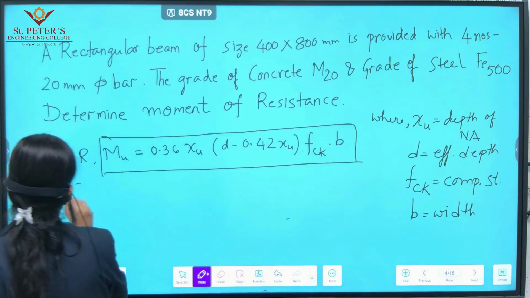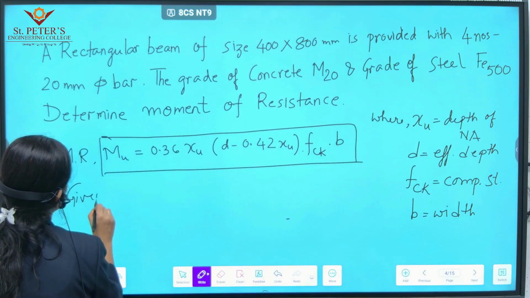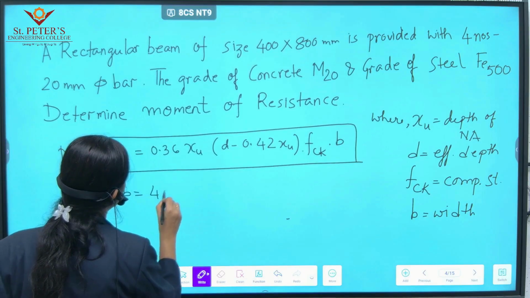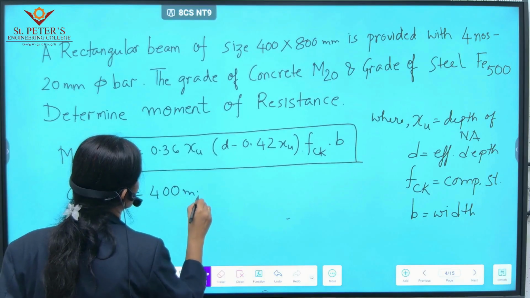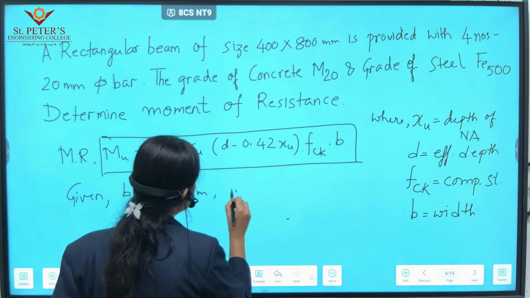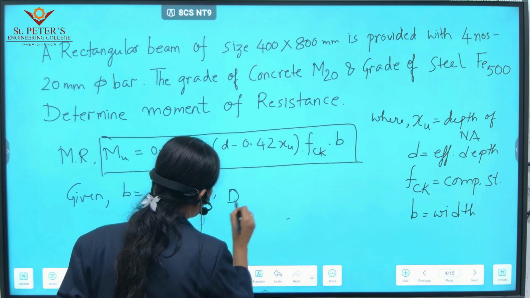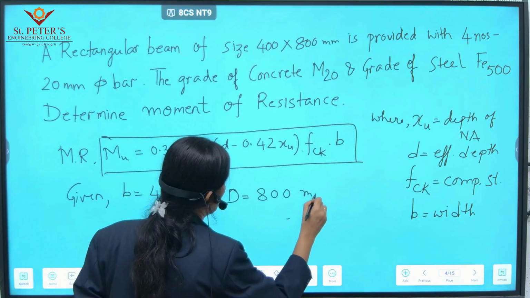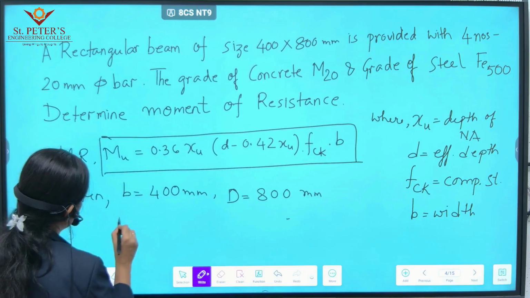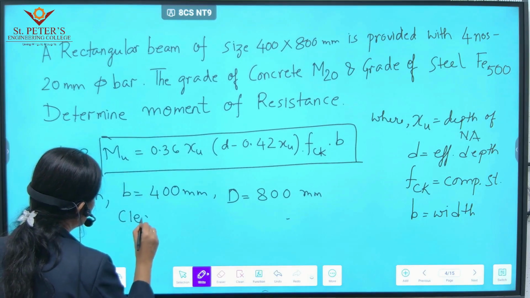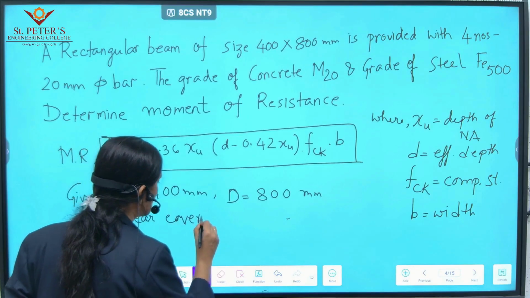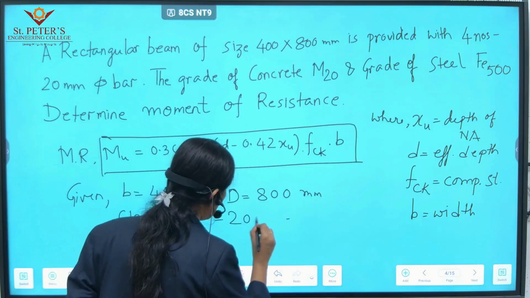So the given data is: b is 400 mm, and capital D, the overall depth of the beam, is given as 800 mm. Let us consider clear cover. Mostly for beams we use clear cover as 20 mm.